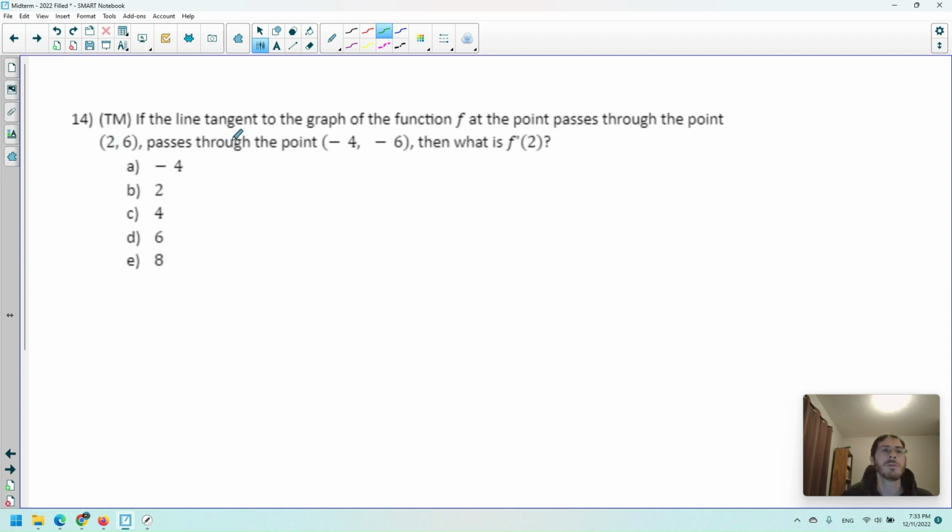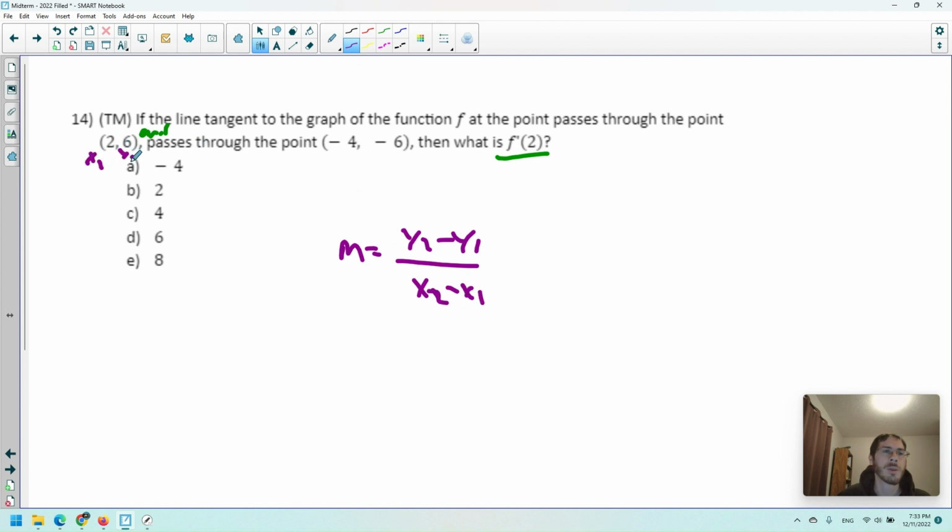All right, for 14, the line tangent to the graph passes through the point 2, 6, and passes through the point -4, -6. We have to find the derivative at 2. Since our tangent line passes through 2, the slope of this line is tangent to the original function, which means it's going to be the derivative. So we can just use our slope formula: m equals y2 minus y1 over x2 minus x1.